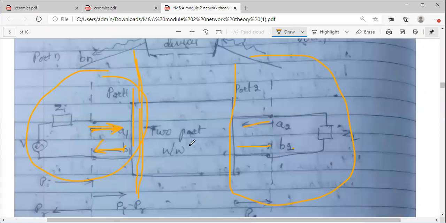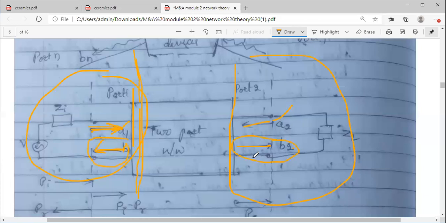Likewise, if you take a multiport network, A1, A2 are the entering powers; if you have more ports, it will become A3, A4, A5. In general, for n number of ports you will have An, A1, A2, A3, A4 up to An. Those small a's represent entering power. Similarly, for a two-port network, what is power leaving? The traveling wave which is leaving is B1 and B2.